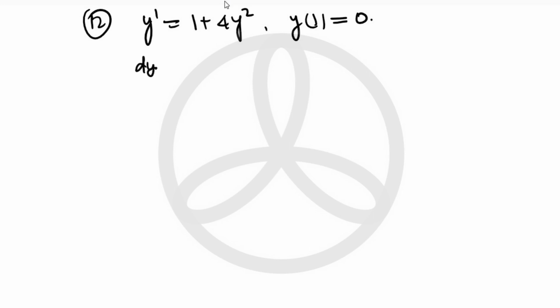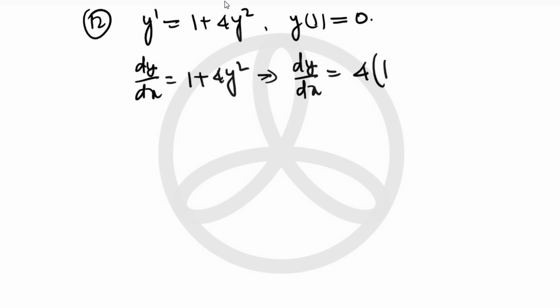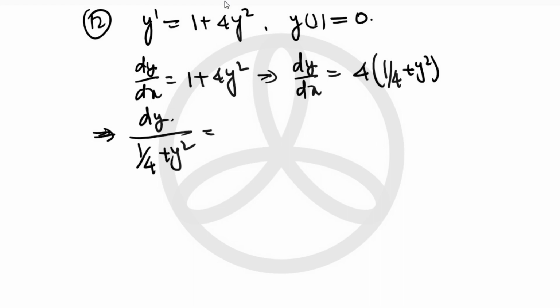This can be written as dy/dx = 1 + 4y square, or if I take 4 out here, we can write dy/dx = 4(1/4 + y square). Okay, and now we can separate the variables and bring y with y, 1/(1/4 + y square), and x with x, dx, and apply integration on both the sides.